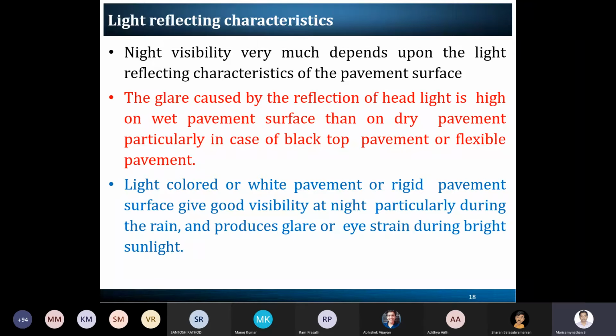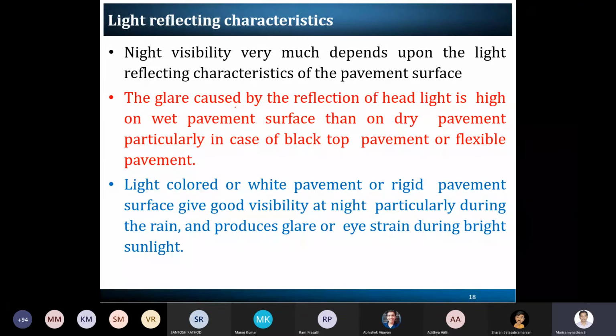Also, the characteristics depend highly upon the materials we are using, then the weather conditions of that particular site. Also the headlight varies from vehicle to vehicle, right? So headlight reflections are also one of the reasons affecting the light reflecting characteristics on the pavement.